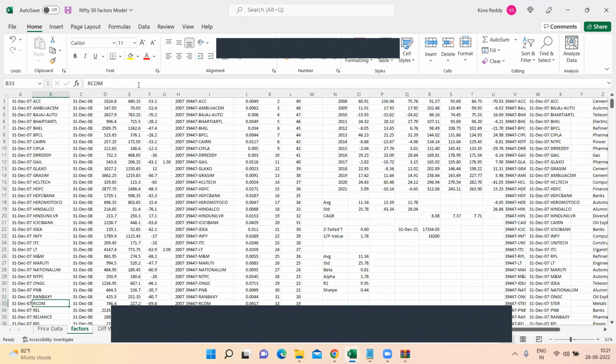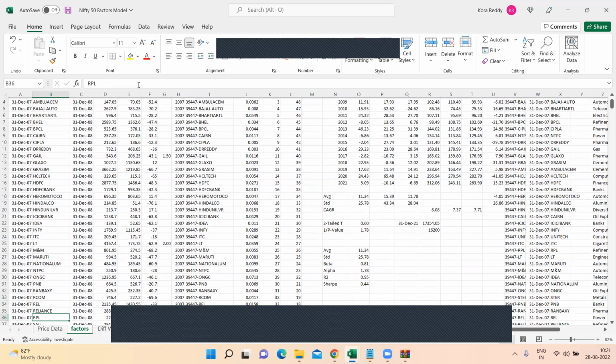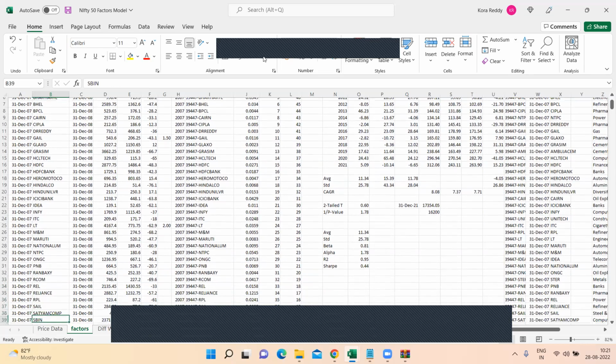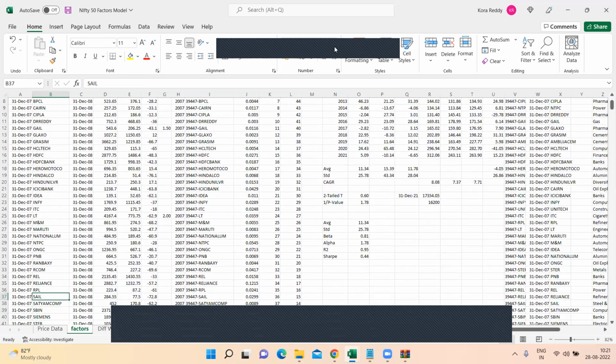You have RCOM and RPL, which was again merged. Then Satyam Computer, this company got bankrupt. So this is what I was telling. Like you have to do the backtest point in time, considering that particular point-in-time data.